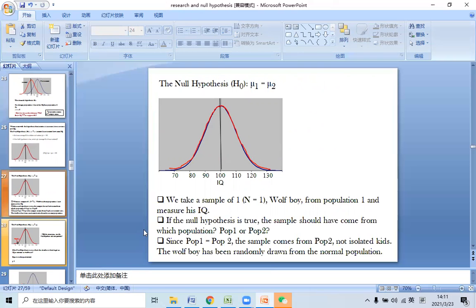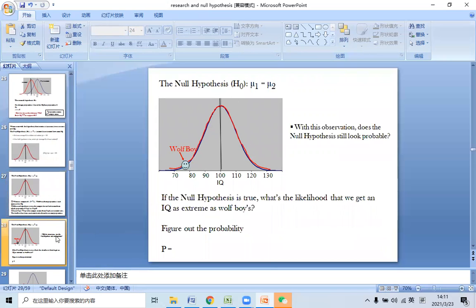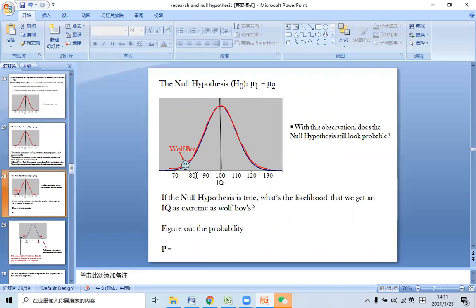And we are trying to reject the null hypothesis. We try to make this null hypothesis look really bad. And we have evidence that little Johnny, the wolf boy, had an IQ of 75.